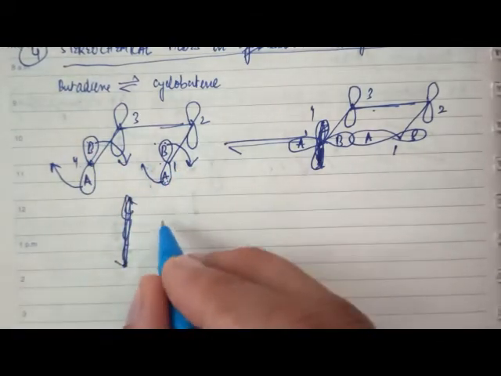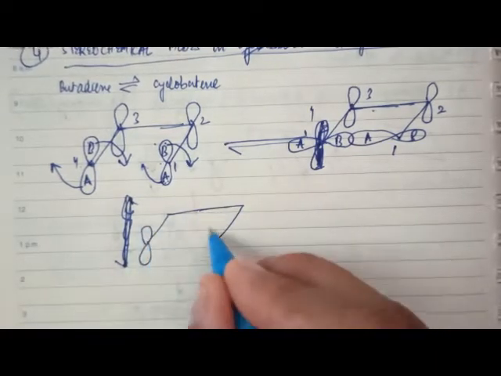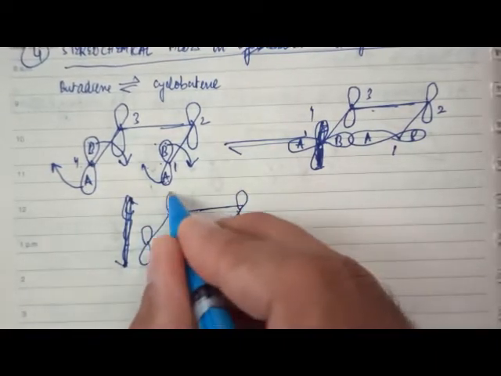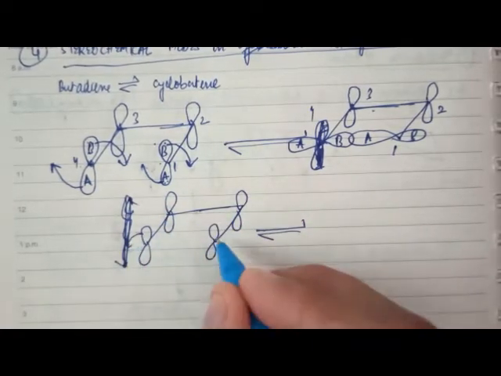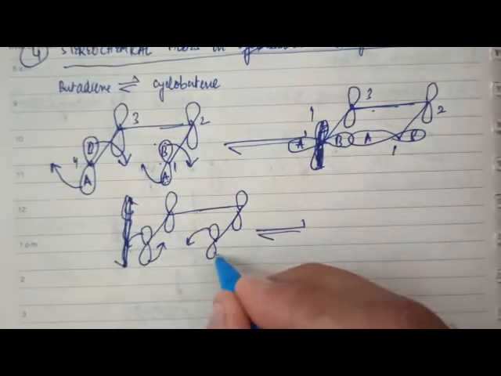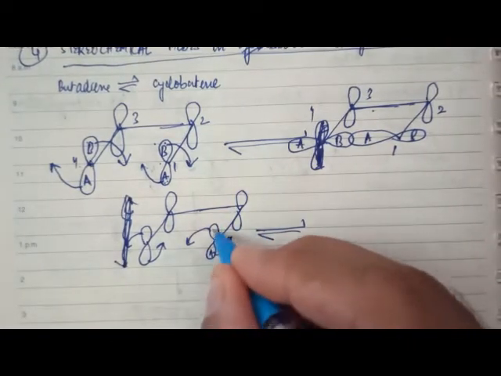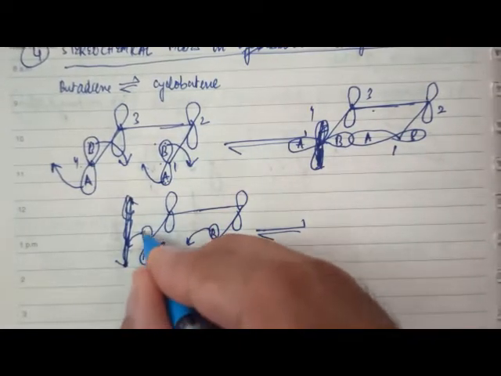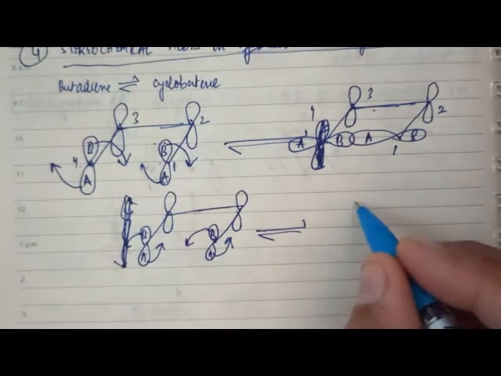Other way around, if this moves in an anti-clockwise direction, how do I write it? That means this lobe moves like this and this lobe moves like this. If this one moves in this direction, let me call this A and B. Differentiating the lobes of the terminal carbon atoms, what will happen?